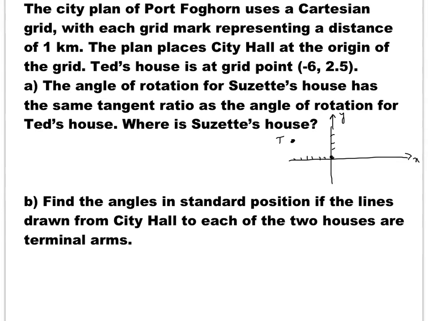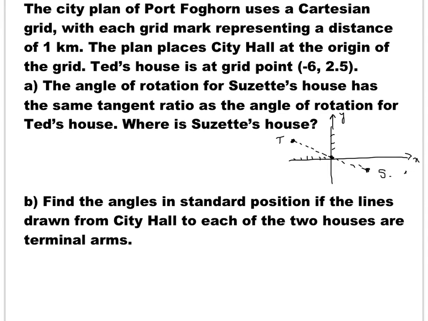In the second quadrant, we know that the y value is positive, x is negative. So your tangent is negative. Now, the other quadrant where tangent is negative is quadrant 4, because in quadrant 4, x is positive, y is negative. So this means that if I find the reflection of this point here, this is going to be Suzette's house.